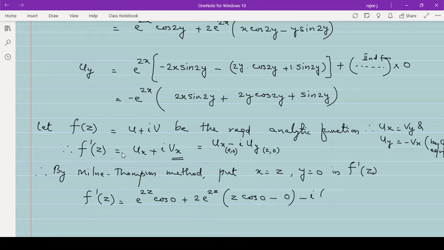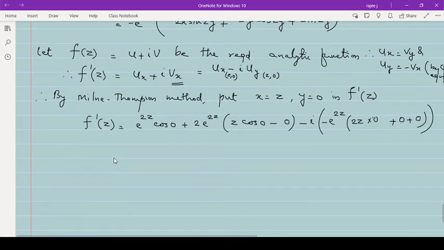Then minus i into uy: we put the same values, so minus e raised to 2z into bracket, 2z into sin 0, and sin 0 is 0, so we can directly write 0. Plus 2 into 0 and cos 0 gives 0, plus again sin 2 into 0, sin 0 is 0. So here also 2z into 0.